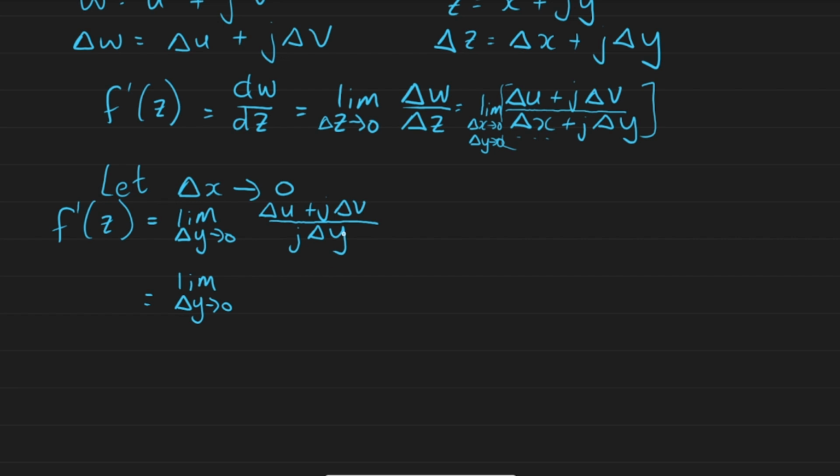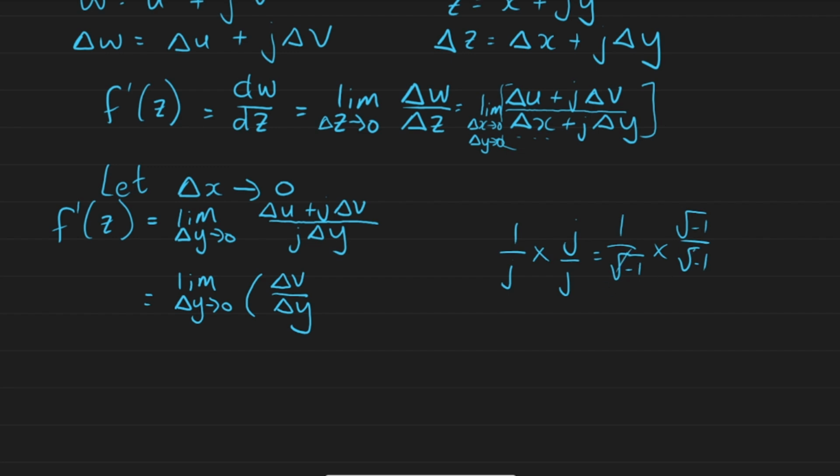So let's just do the second term first. So this j divided by j is just going to give us 1. And then what we have is delta v divided by delta y. And now we have 1 over j, right? We have delta u divided by j delta y. So 1 over j, what we're going to do is multiply this by j over j. Remember that j is the square root of minus 1. So we have 1 over the square root of minus 1 times the square root of minus 1 over the square root of minus 1.